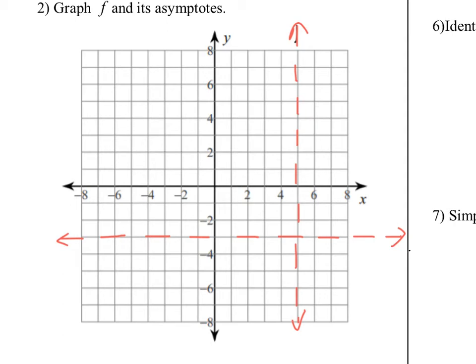So it's not a perfect, pretty number, but I know it's a little bit bigger than 1, and it's positive. So I'm going to go ahead and put that right here. So right around in there, 6 over 5.